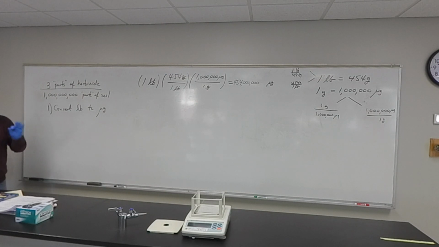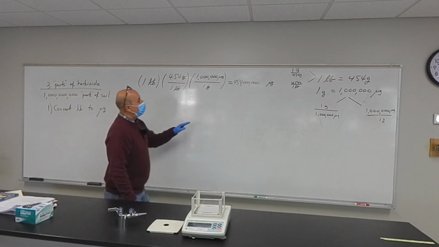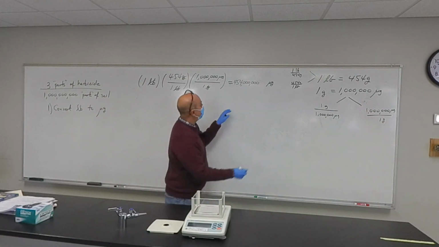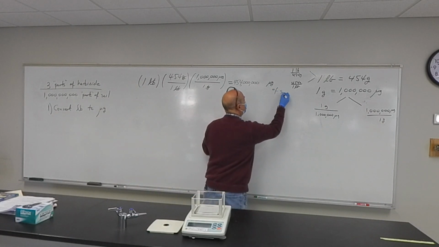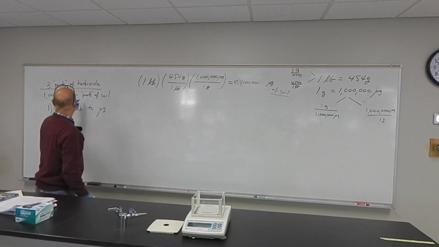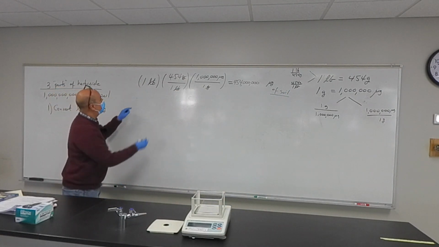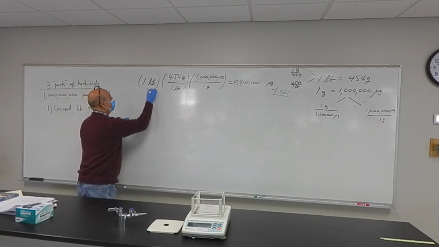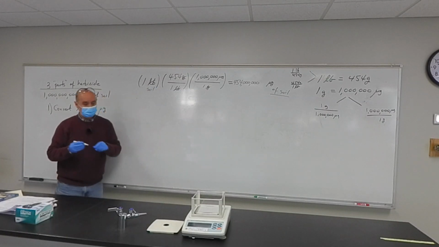Okay? Now, we're ready for answering the question by doing the following. These are micrograms of soil, right? Because we started with 1 pound of soil. This is 1 pound of soil, as per the problem.